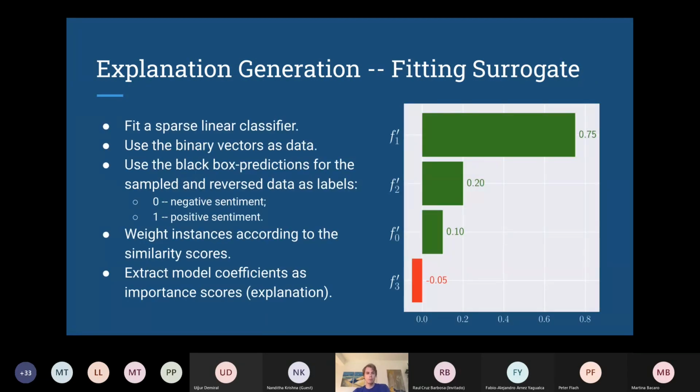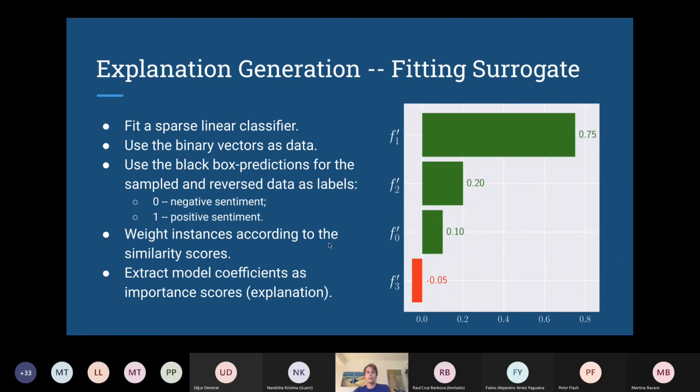All of this comes together to generate the explanation. And this happens by fitting a sparse linear classifier to the binary interpretable representation and the predictions of the black box for this variation of generated sentences that you saw a moment ago.